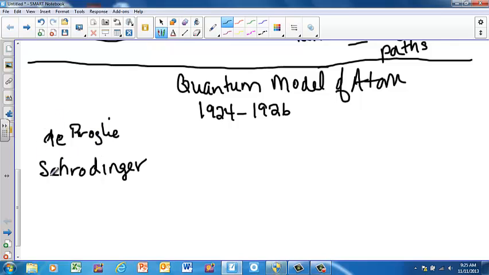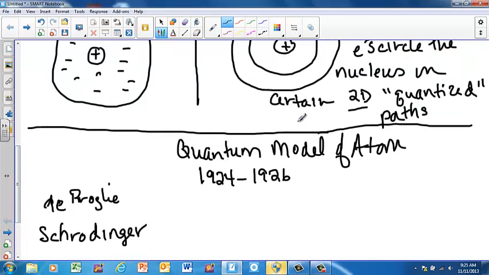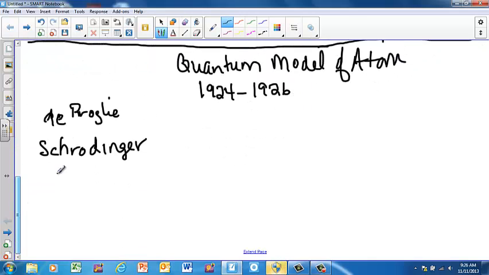De Broglie said, let's treat electrons like waves. Schrödinger did a whole lot of math that essentially his equation allowed us to support the idea of Bohr's quantized levels. And then we had Heisenberg, who said, okay, you cannot know the exact velocity and location of an electron at the same time.